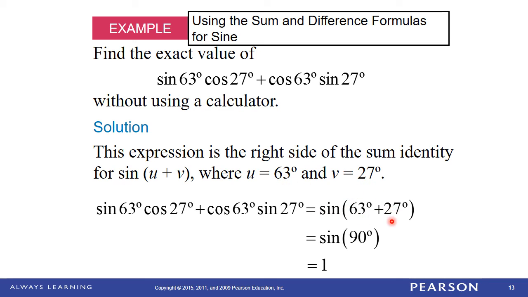When that happens, you get 63 plus 27 is 90. At that point, you can actually figure out the exact value of this weird looking expression at first, which really just becomes sine of 90, which really just becomes 1. All right. This is also for you guys to practice to sort of see the sum and difference formulas from the other side.